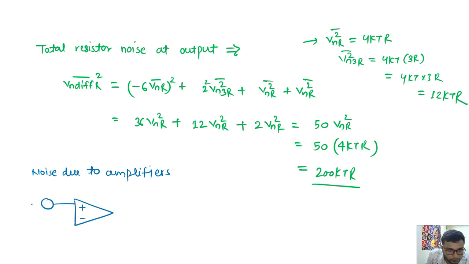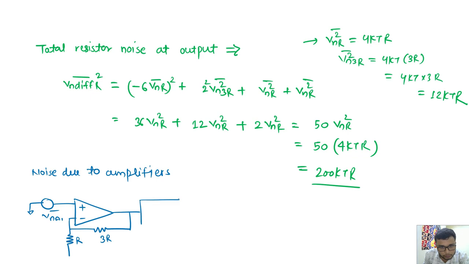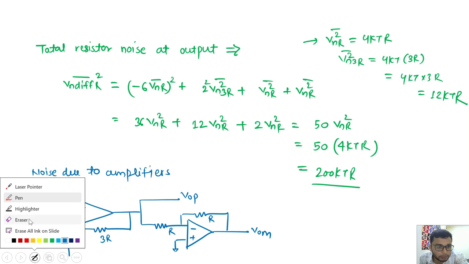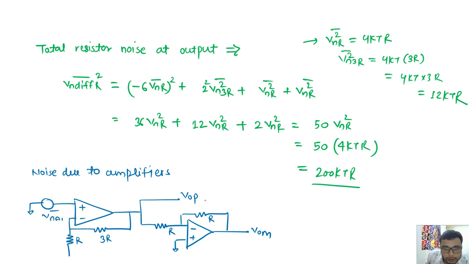If I am considering noise, this is my Vn of amp 1. This is my R, that is 3R. It is going to VOP R. So this is VO. When noise of only the first amplifier is considered, what expression can we write?